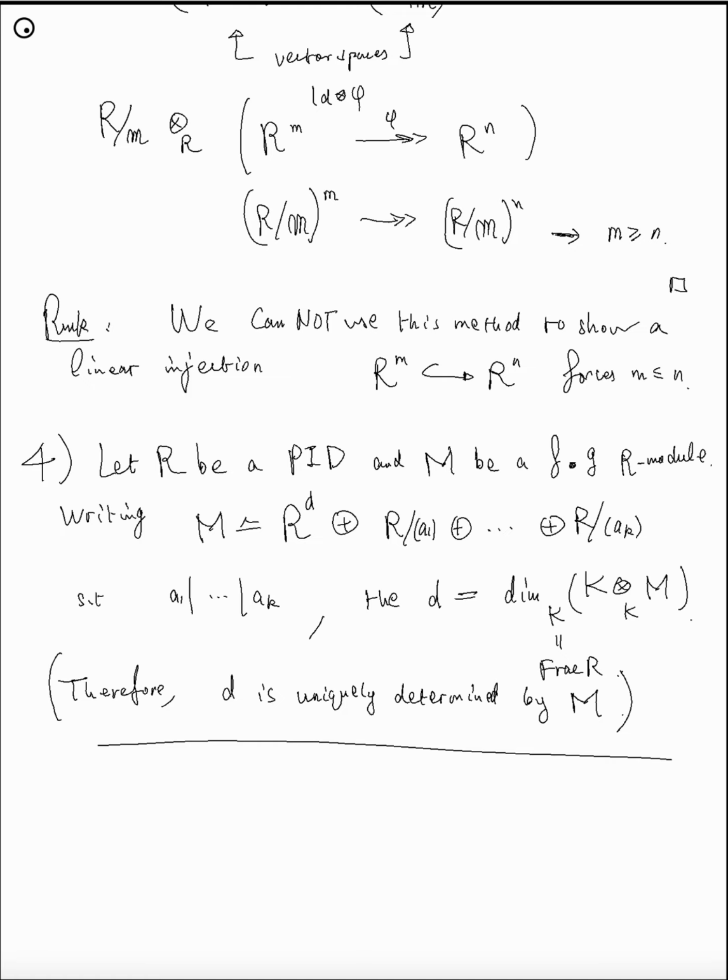The exercise is just saying, let M be a finitely generated R module of this form, then we can use our tensor products to show that the free part has a unique rank.